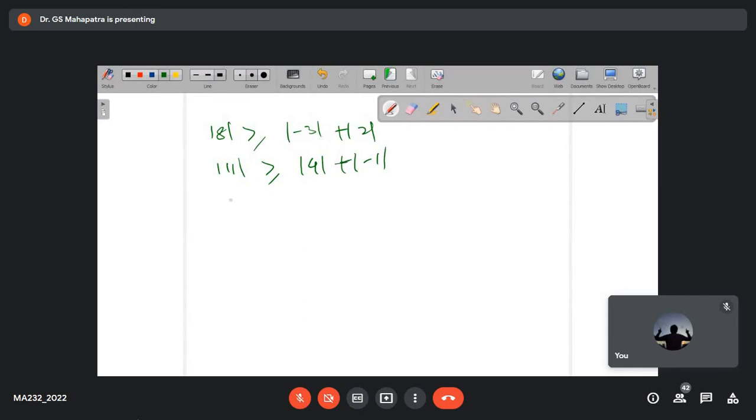And finally mod of 4 is greater than or equal to mod of 1 plus mod of 1. All are holding. Therefore the system can be solved using the Gauss-Jacobi method.